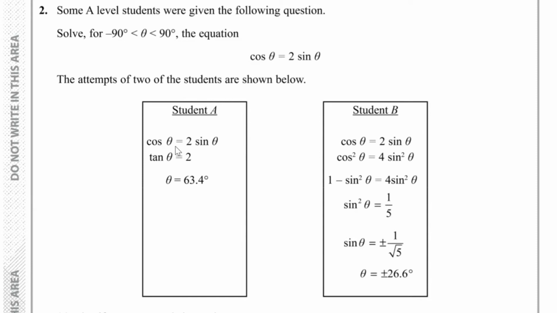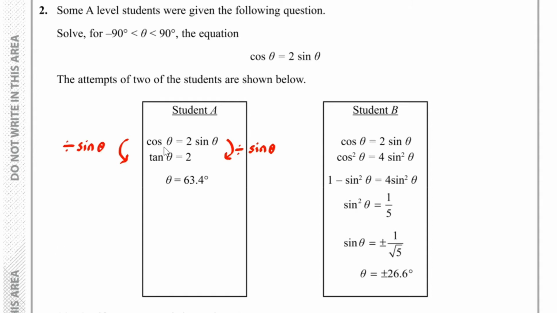Well, we've got cos theta equals 2 sin theta. On the right hand side we end up with a 2, and to get that 2, student here has divided the right hand side by sin theta, and so we'd also have to divide the left hand side by sin theta.